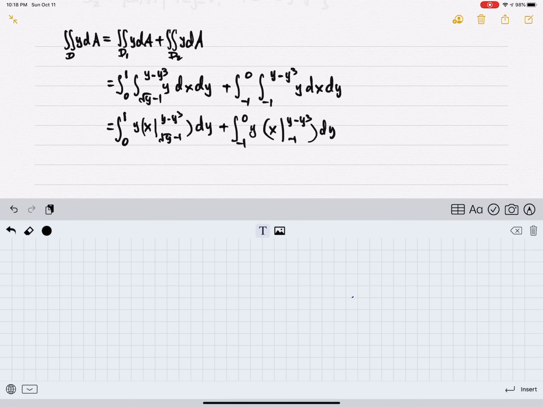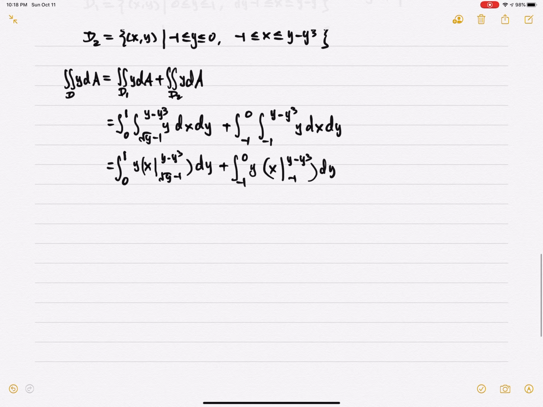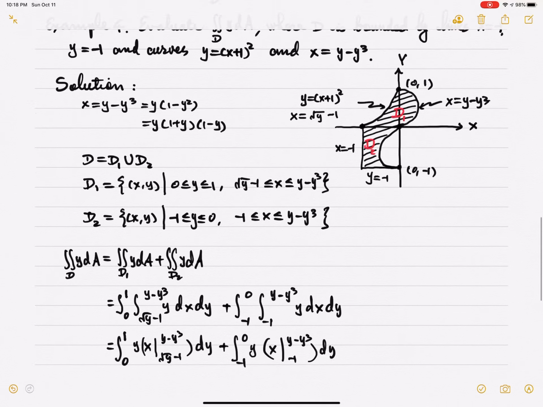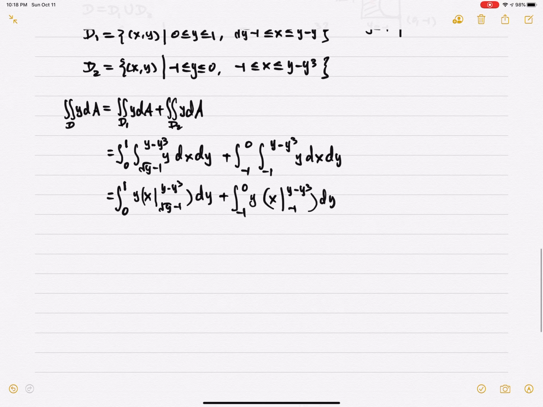Okay, so 0 to 1. Now when you plug in, you're going to have y minus y third minus root y plus 1, and then times y. So I'm going to multiply everything out.